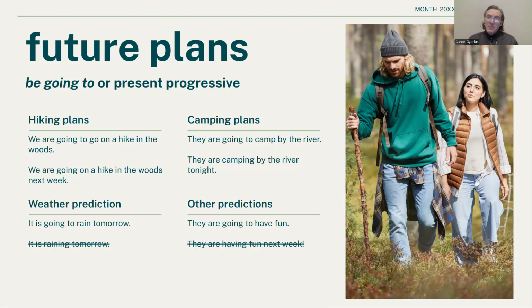But that is not a plan. So they are having fun next week, present progressive, would be ungrammatical, incorrect English grammar. So the phrase be going to is used for plans or predictions. The present progressive is only used for plans about the future.